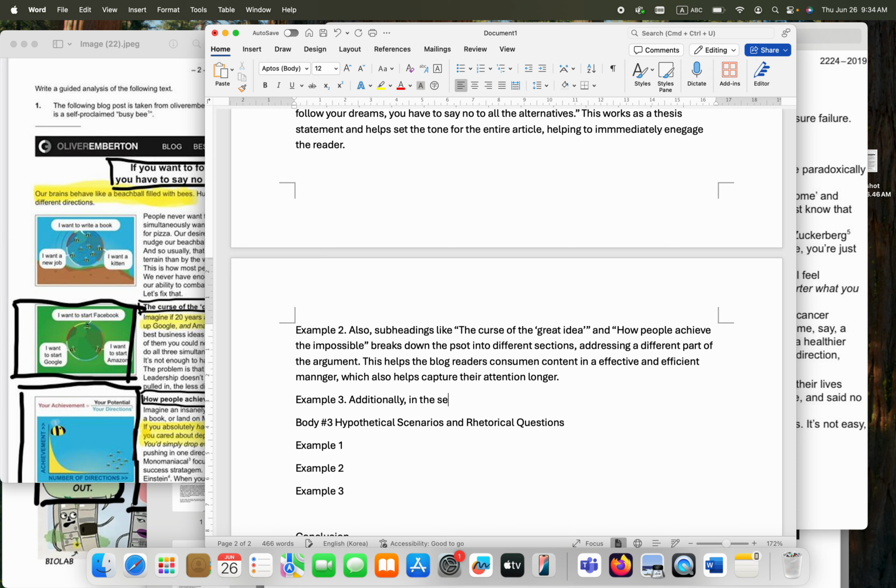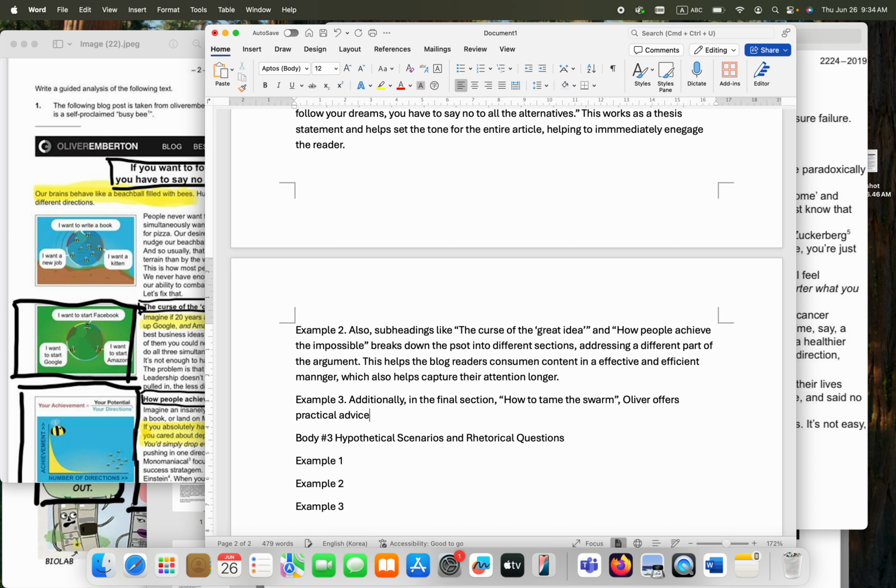In the final section, how to tame the storm, Oliver offers practical advice through a numbered list. Such as 1, aim higher, and 2, limit 3.